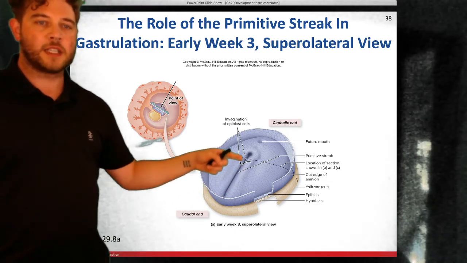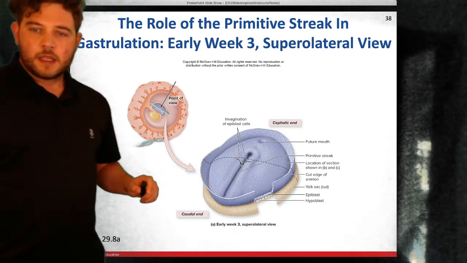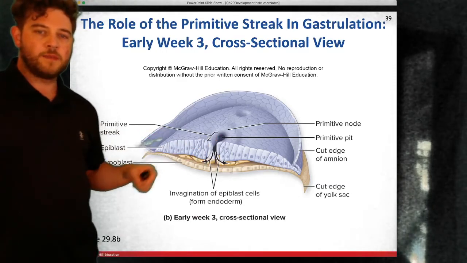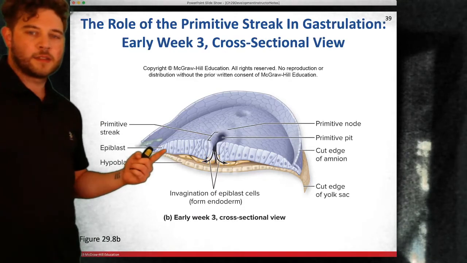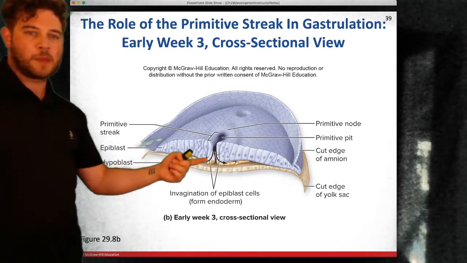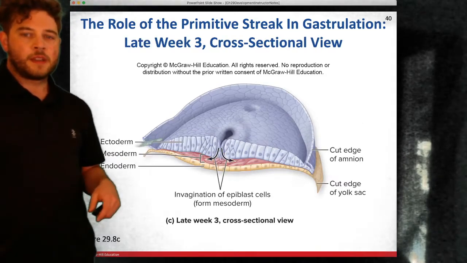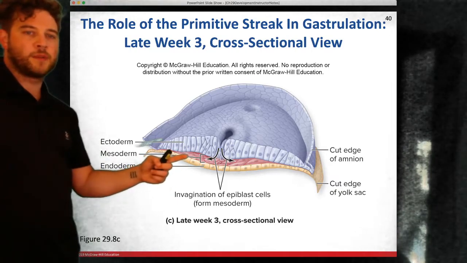And then right in here, you have the cells of the embryo that are going to be forming. So they go in and then divide between, and you start to have your hypoblast, your epiblast layer right up here, and then this invagination of these epiblast cells in between. That eventually formed your endoderm, your mesoderm, and your ectoderm.